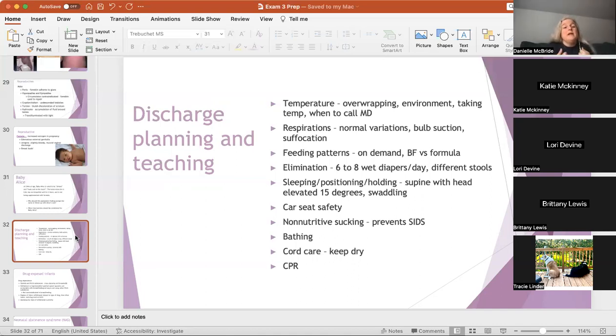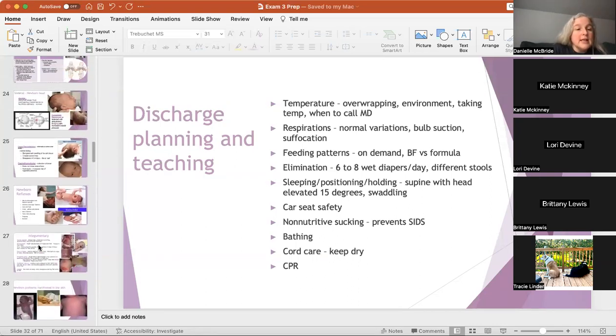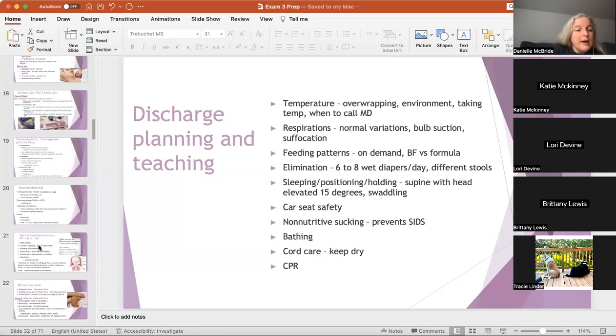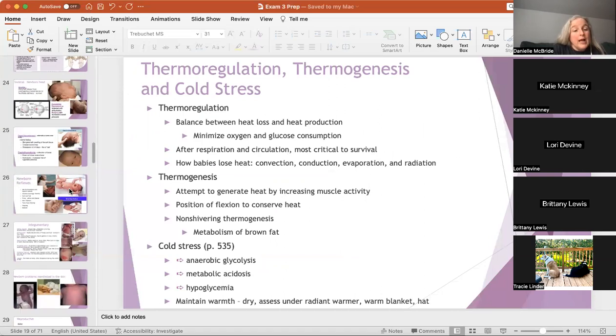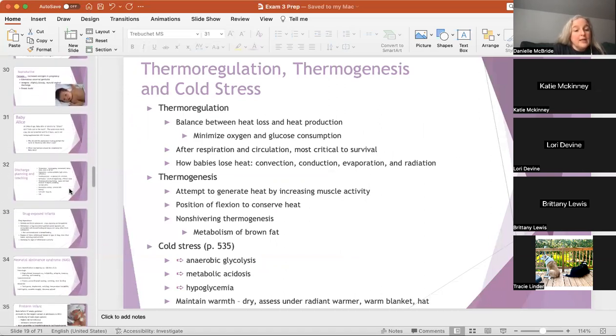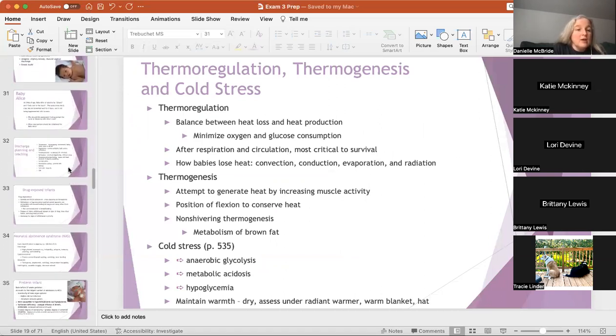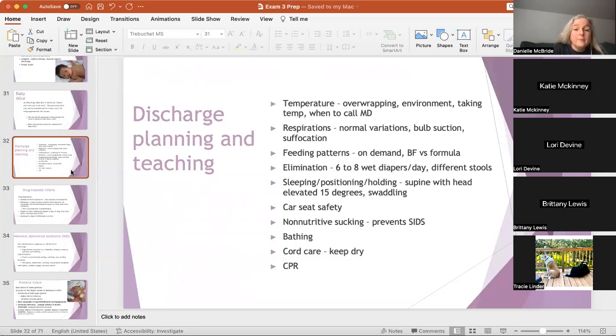If you see your baby bunching up, as on that thermoregulation slide about positioning, attempting to generate heat by increasing muscle activity, position of flexion, non-shivering thermogenesis, they are trying to stay warm. But you're right, if they are too warm, there's not a way that they really tell you that. That's a good point.